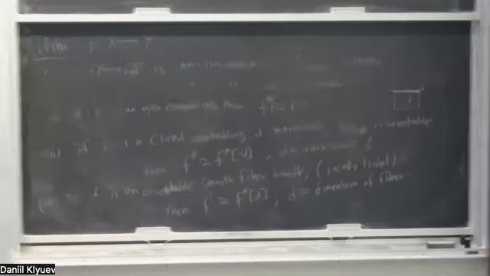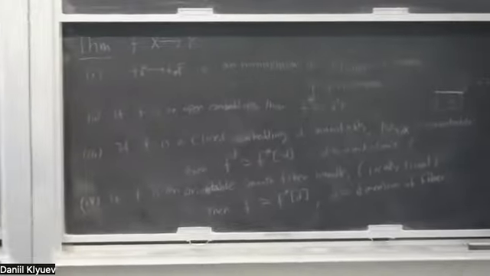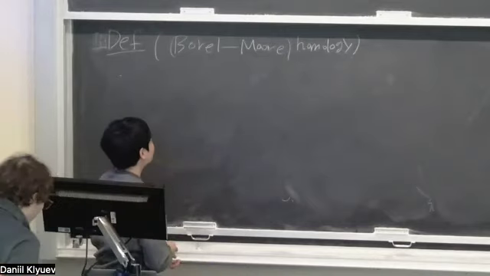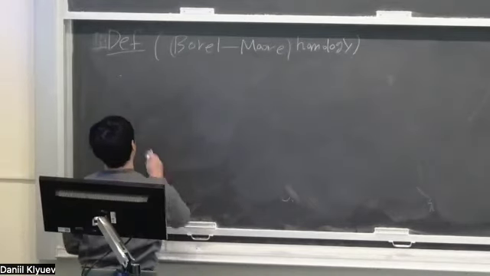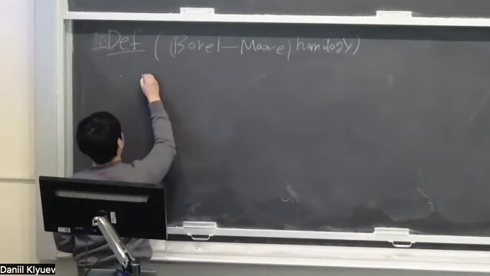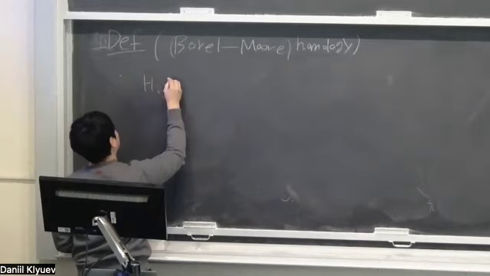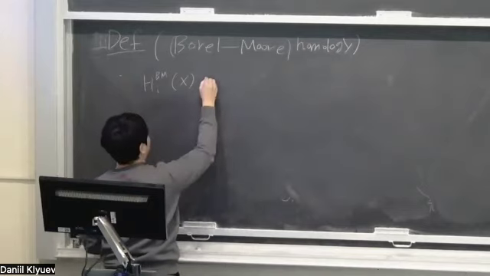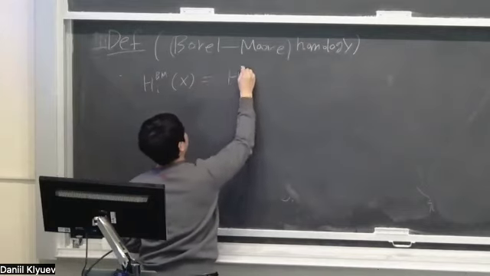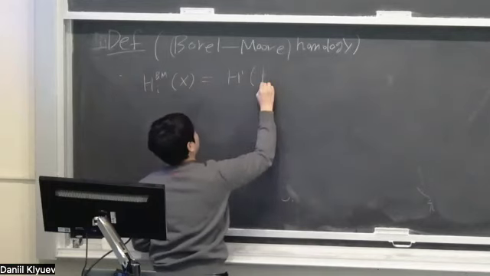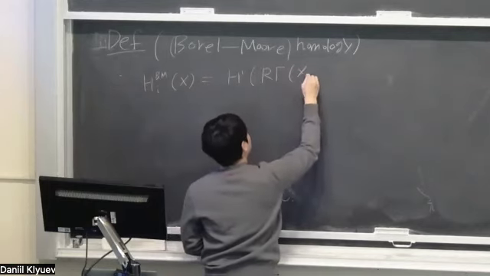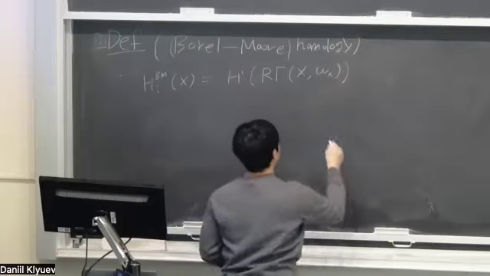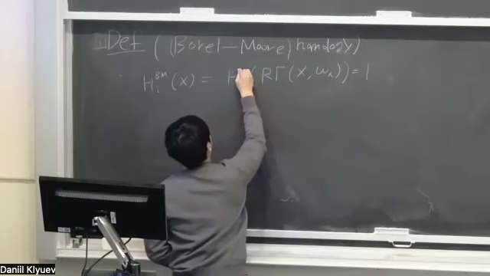Actually, I can define a bunch of other homologies or cohomologies using sheaves. Namely, Borel-Moore homology on X will be defined as the i-th homology of R gamma of X, omega X, so H minus i.